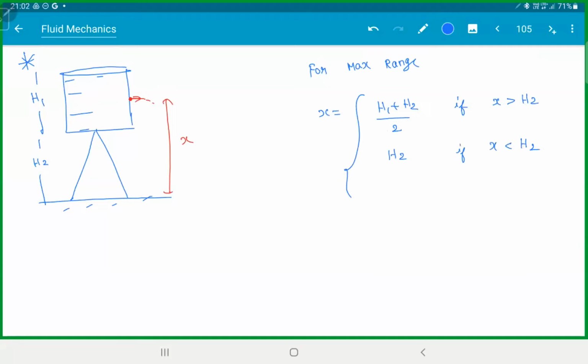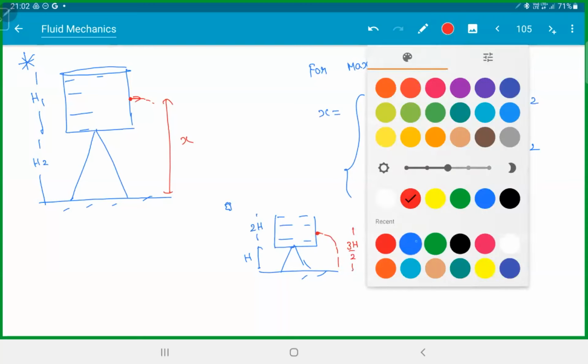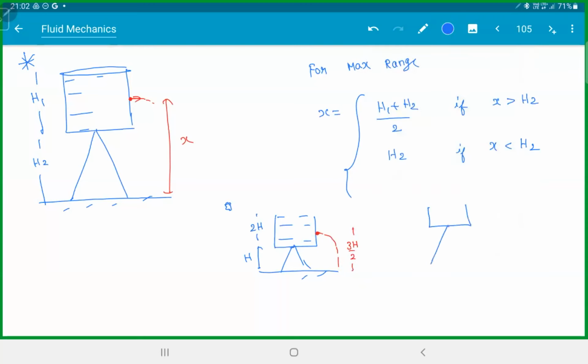What is the meaning of this? Let's say we have a container like this. Let's say this height is 2h and this height is h. So where is the midpoint? 3h by 2, no? But what if you have a container like this?